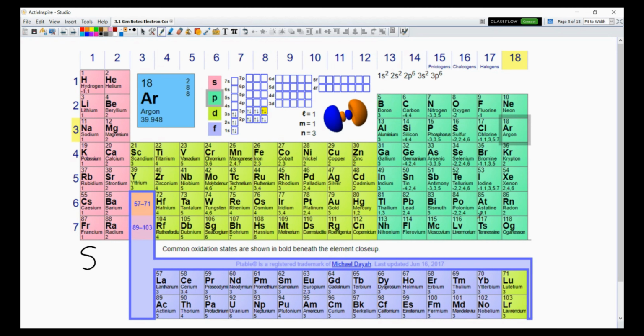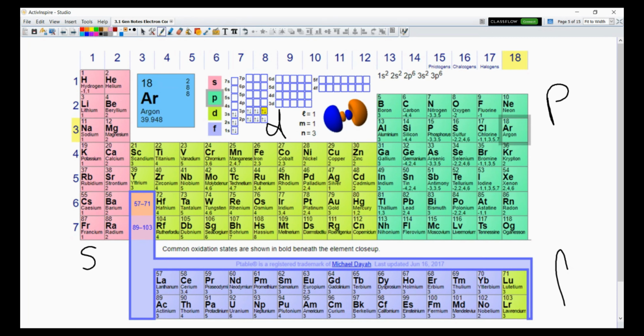And then over here, we have this square right here in green, and this is called the p orbitals. Okay, and then here in the center of the periodic table, in this light green color, these are called the d orbitals.